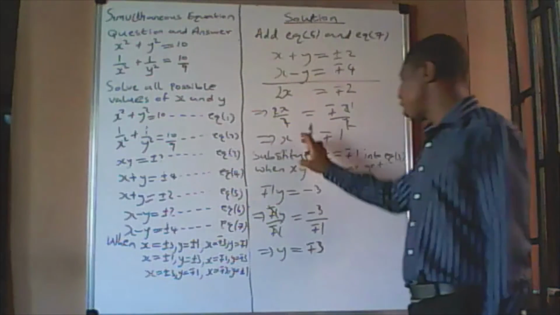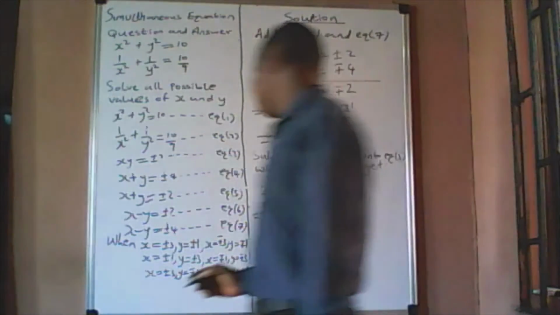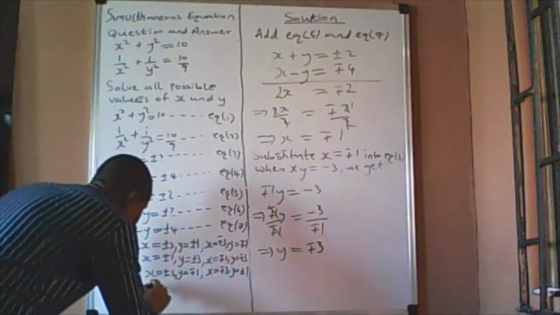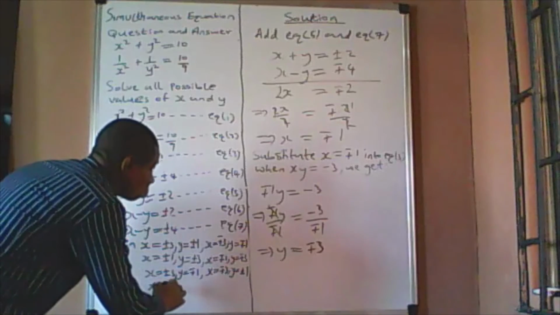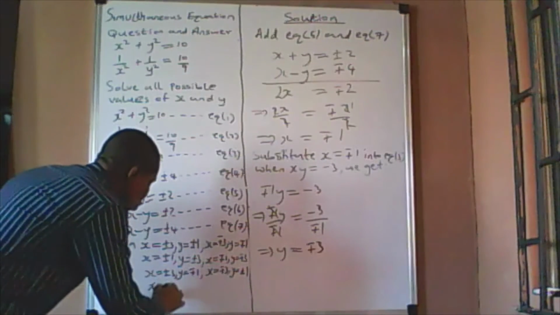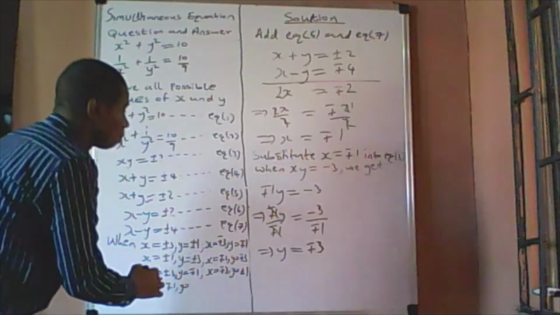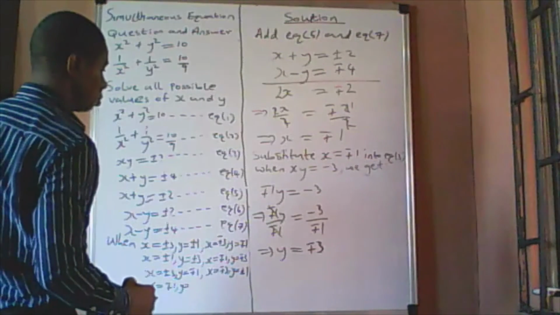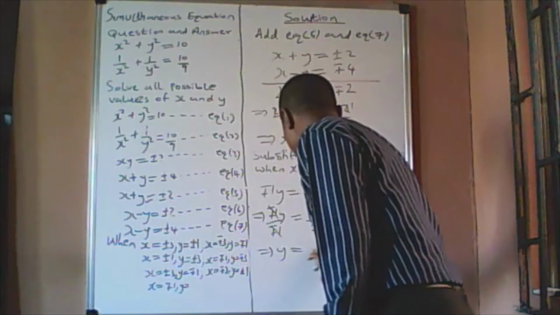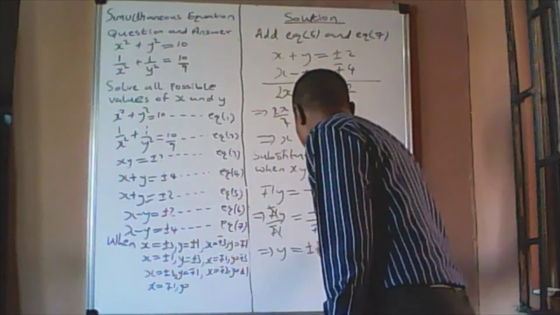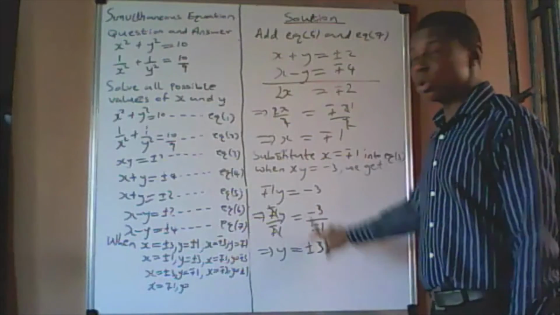We have now gotten the value of x and y when considering the equation to be this. We write it here. x equal to minus or plus 1, y equal to plus or minus 3, because minus divided by plus will give us plus.